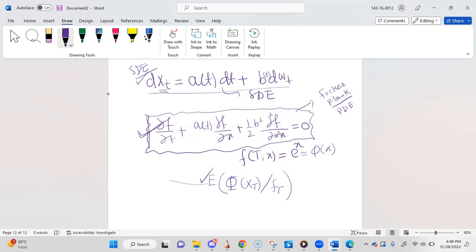Whatever this is will be the solution to this PDE. So we just need to calculate this thing.